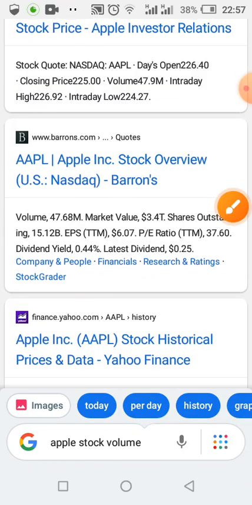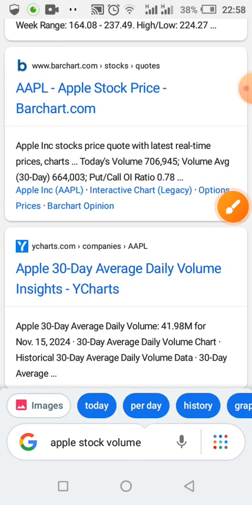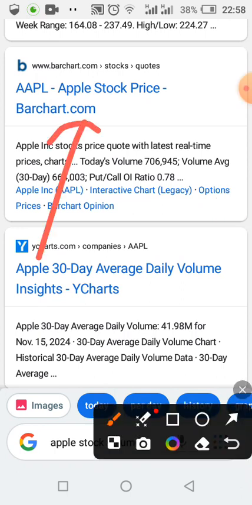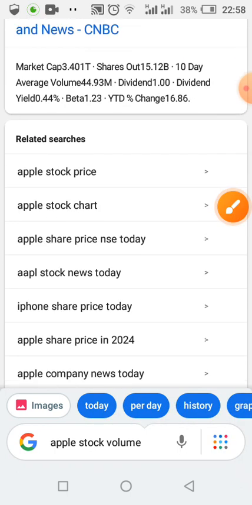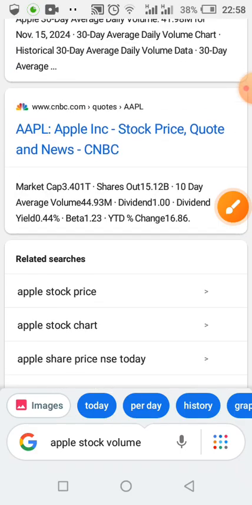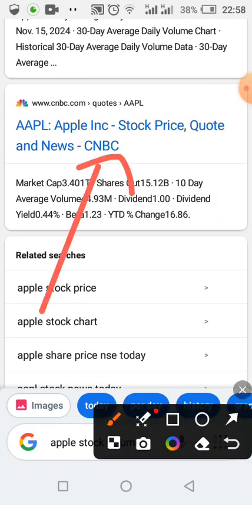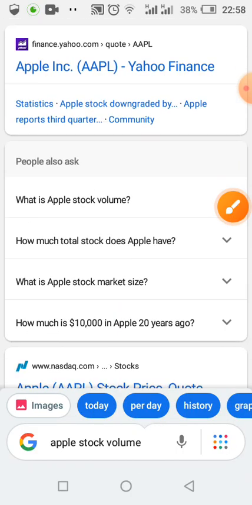These are also popular websites which are usually up to date. Even also barchart.com, even also CNBC is okay, and even investing.com.